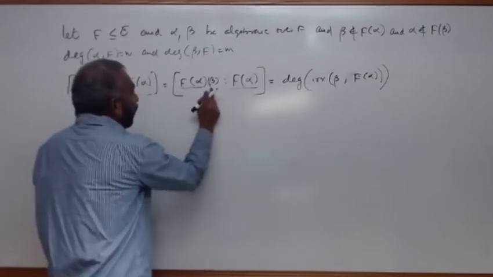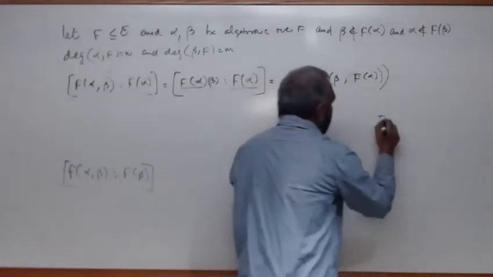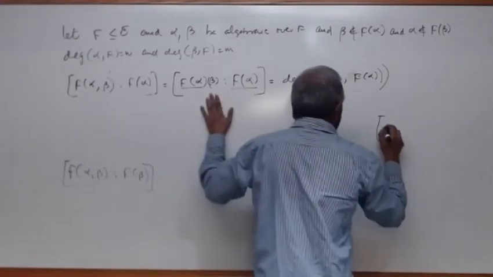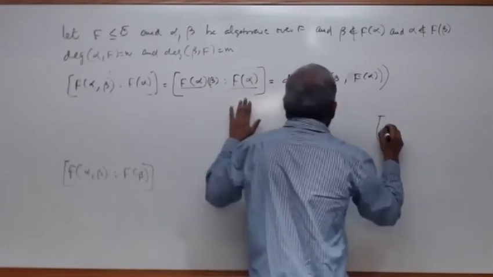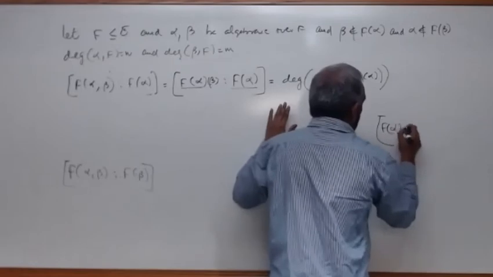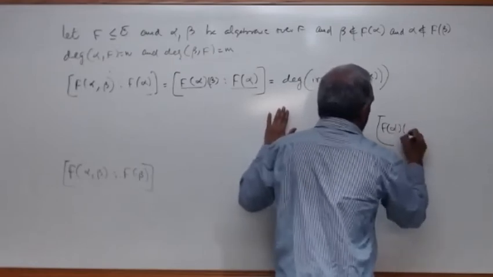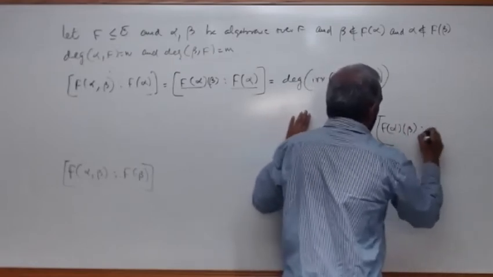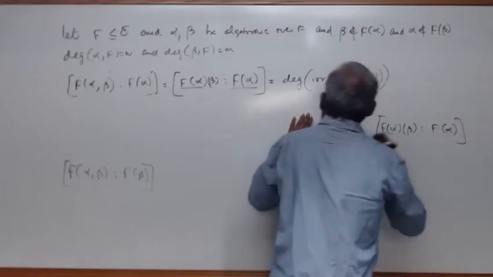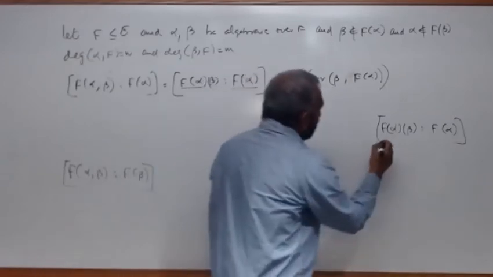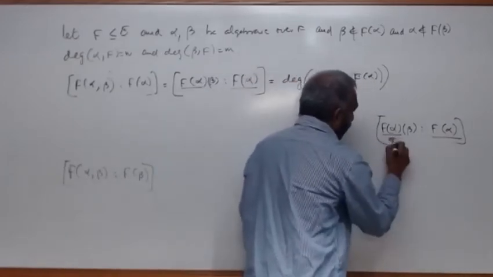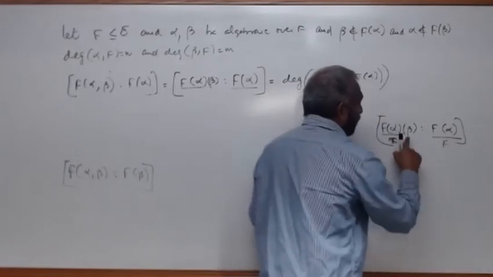So when you take F(alpha), F(alpha, beta), colon F(alpha), then this is our common base field F, and beta is just outside that.